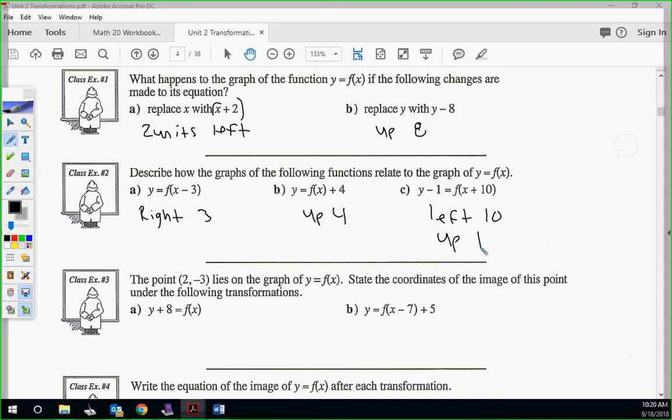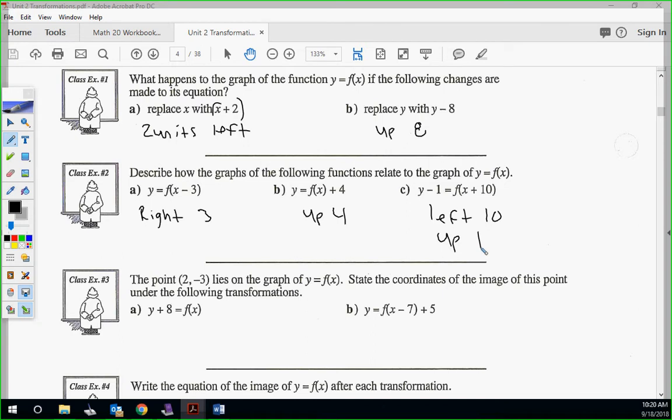Okay. So the example 3 here is from the very beginning. Translation says every point moves the same, right? So if we have the point 2, negative 3, I will say diploma questions. I've seen more SAT questions like that, but they love doing like, here's a point, this is how it moved, where's it at now? They love doing questions like that. So the point 2, -3 lies in the graph y equals f of x.